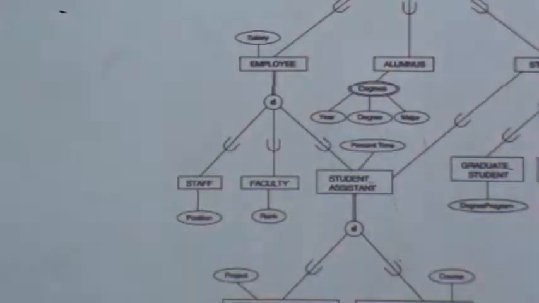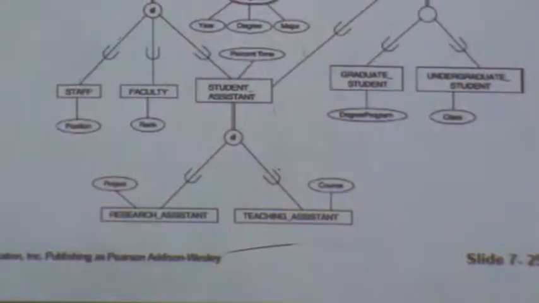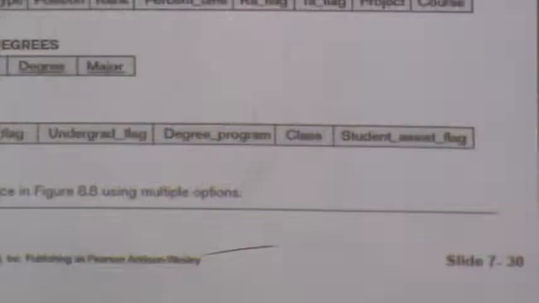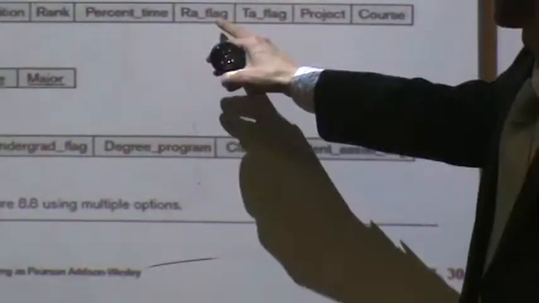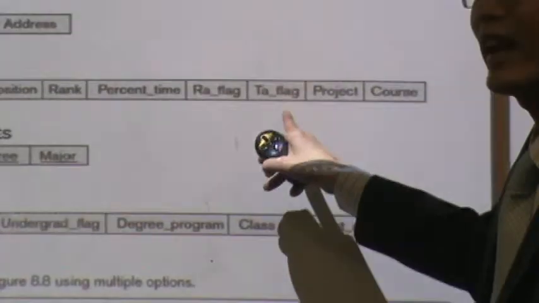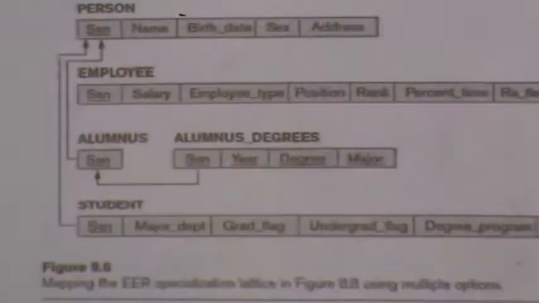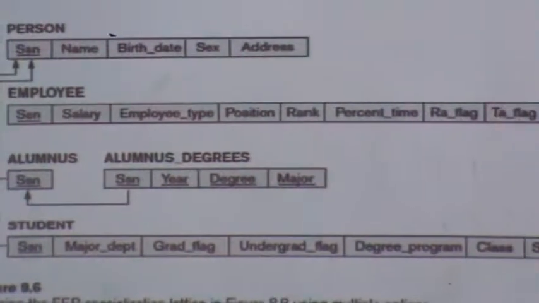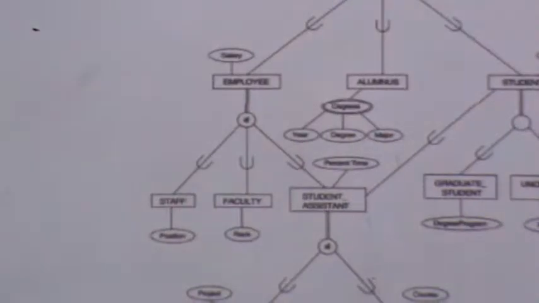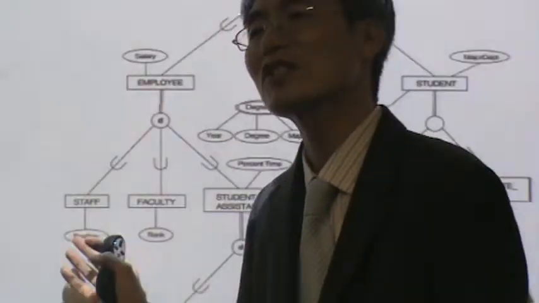Okay? Then, what else? This one, student assistant, research or teaching. Research assistant flag and teaching assistant flag. Okay? So you can find how it can be converted. However, without converting this one, sometimes you can directly make this.